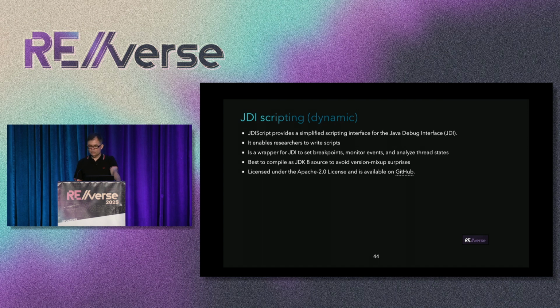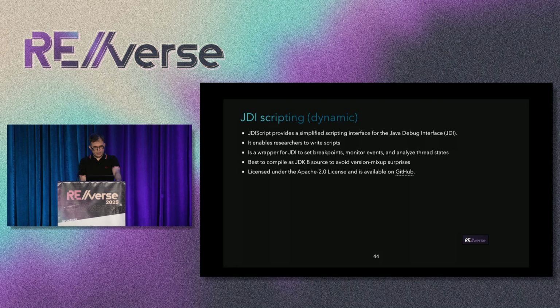So that was the manual part. We can also do that in some kind of automated fashion, JDIScript. It's just one example for a class of tools. It enables the researchers to write scripts. It's a wrapper for JDI to set breakpoints and monitor events.